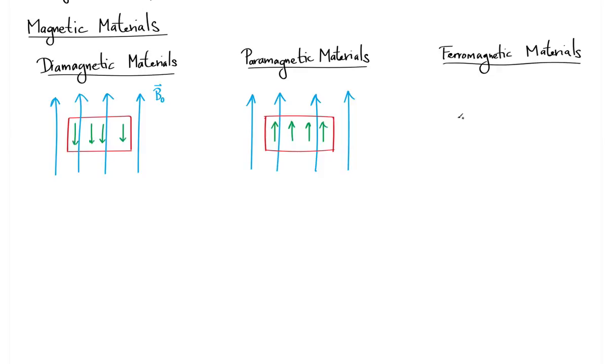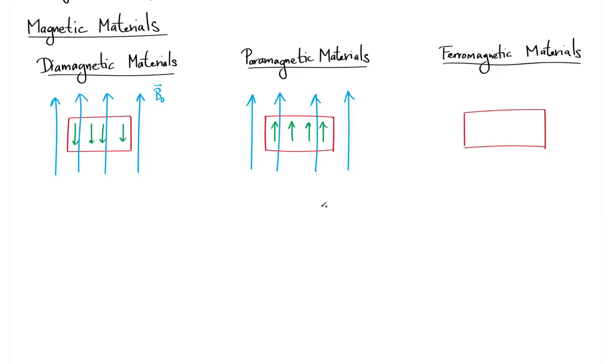All right. And then finally we have a ferromagnetic material. A ferromagnetic material is quite interesting because in the case of a diamagnetic and a paramagnetic material, as soon as you remove the external magnetic field, there is no magnetic moment, or no magnetization, if you will, left. So this green arrow here only exists when you apply an external field.